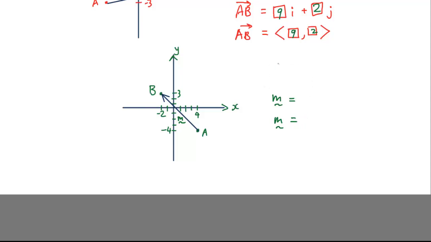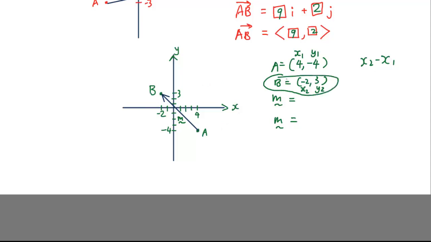Okay, so we have the 2 points here. We have point A, which is at 4 and -4 for x and y. And we have point B, which is located at -2 and 3. So that's x2, y2. Let's go x2 minus x1, because we're going from point A to B. B has to be x2, y2.